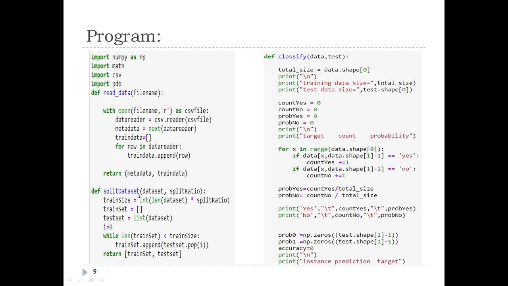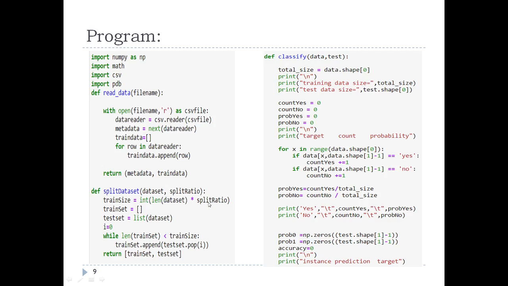Next is split data set. Here we are taking only one training data set, or one file, and from this data set only we are splitting this into two types. One is training data set and test data set. So same file we are splitting. Okay, so how are we splitting? Based on split ratio.